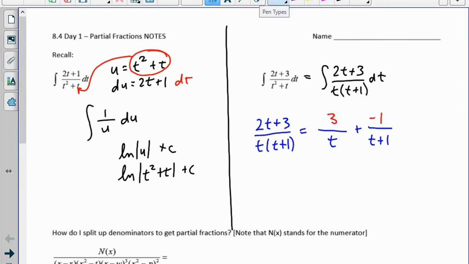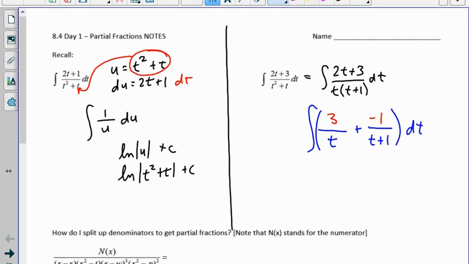So if I notice that, I can take this integral and rewrite the integral like this. And now this problem is relatively straightforward. So now I just have to integrate this, and I get 3 times the natural log of t minus the natural log of t plus 1 plus c.